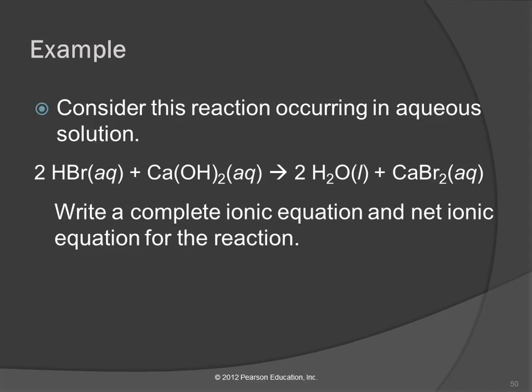So consider this reaction occurring in aqueous solution. We've got 2HBr plus Ca(OH)2 forming 2H2O liquid and CaBr2 aqueous. Write a complete ionic equation and net ionic equation for the reaction.